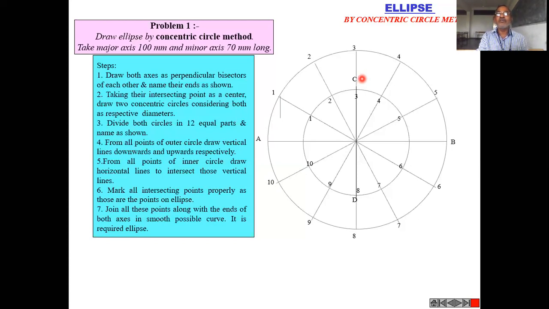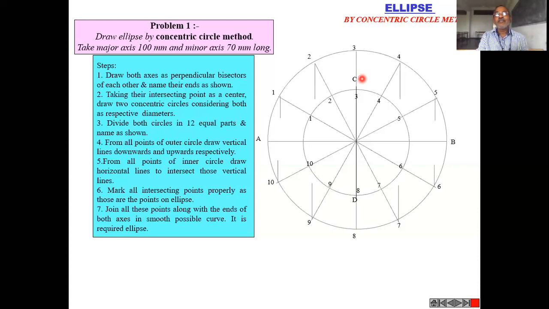So from 1, 2, 3, 4, 5, 6, which are on the outer circle, draw vertical lines inwards from 1, from 2, and so on. We don't require another line from 3 because C is the end point, so you don't need to draw any vertical line from 3, as it coincides with that. So from 4, from 5, from 6, and coming in reverse, from 7 onwards, inwards.